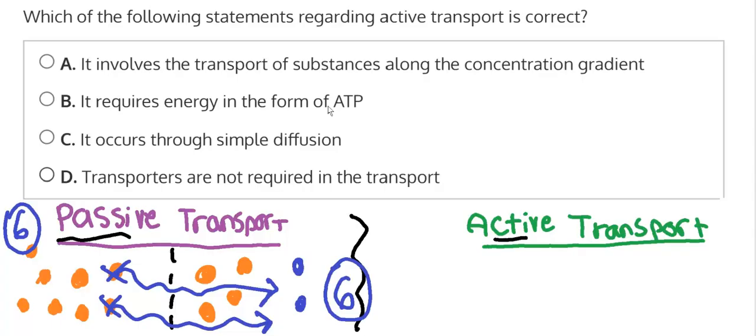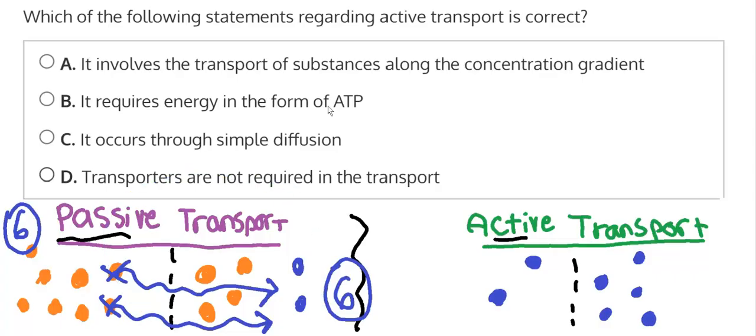As opposed to active transport, let's say this was your membrane, and you had 5 molecules on the inside and only 2 on the outside. The normal natural gradient for molecules is from high to low concentration to move passively across, as we saw over here.